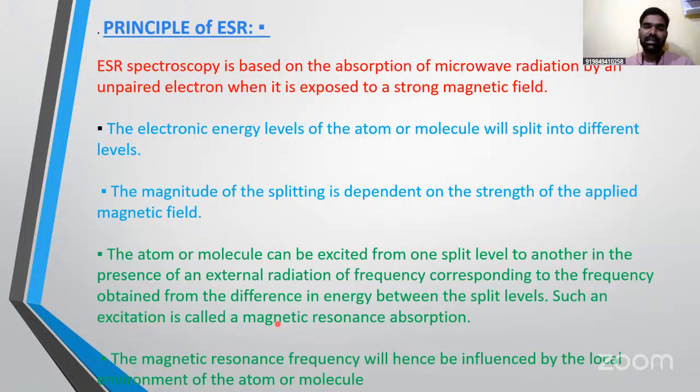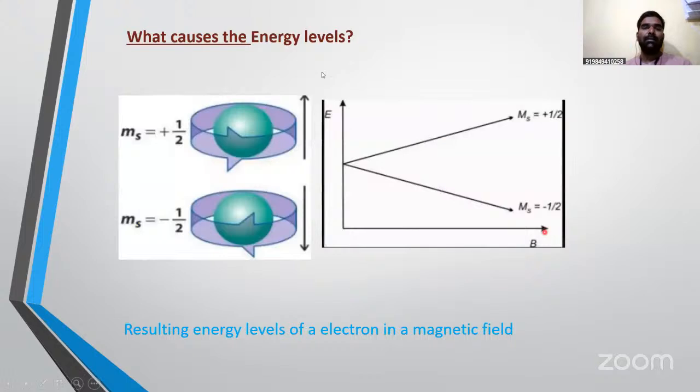Such excitation by absorbing the radiation is called magnetic resonance absorption. The magnetic resonance frequency will hence be influenced by the local environment of the atom or molecule.